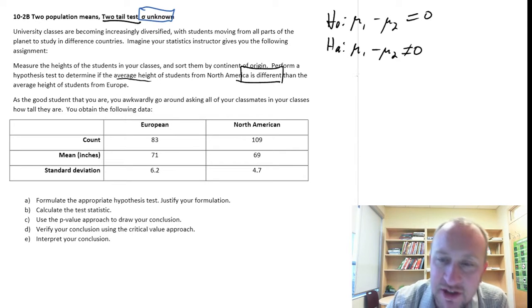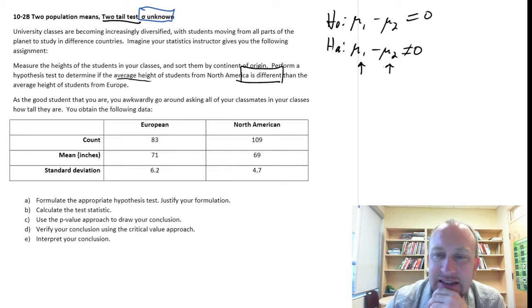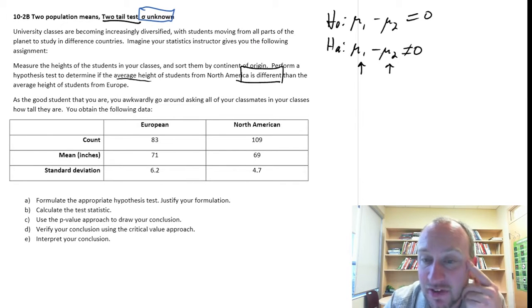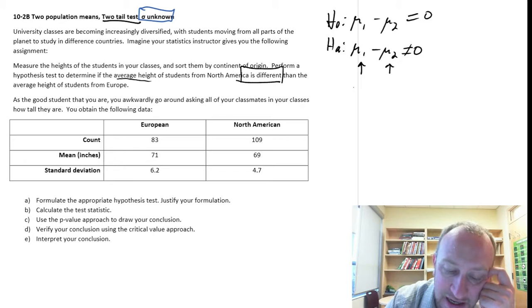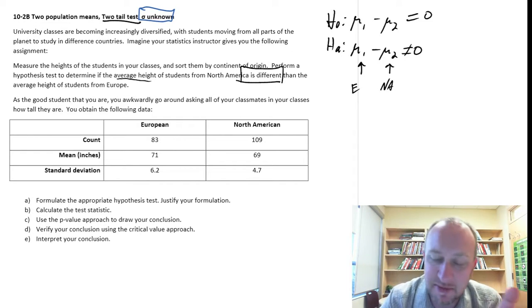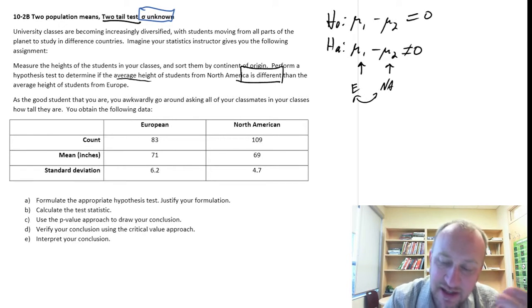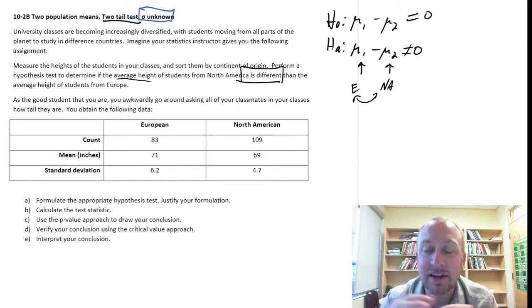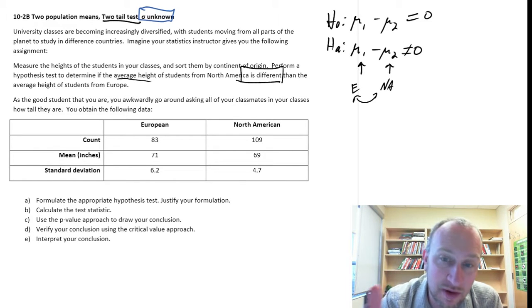Now, when we're doing a two-tailed test, it becomes a little bit less critical that we put thought into how we define our populations. I'm going to call this my European, and these will be my North American. But really it doesn't change things. You could imagine if I were to switch these around, it doesn't change the nature of the test in the same way that it would for a one-tailed test.